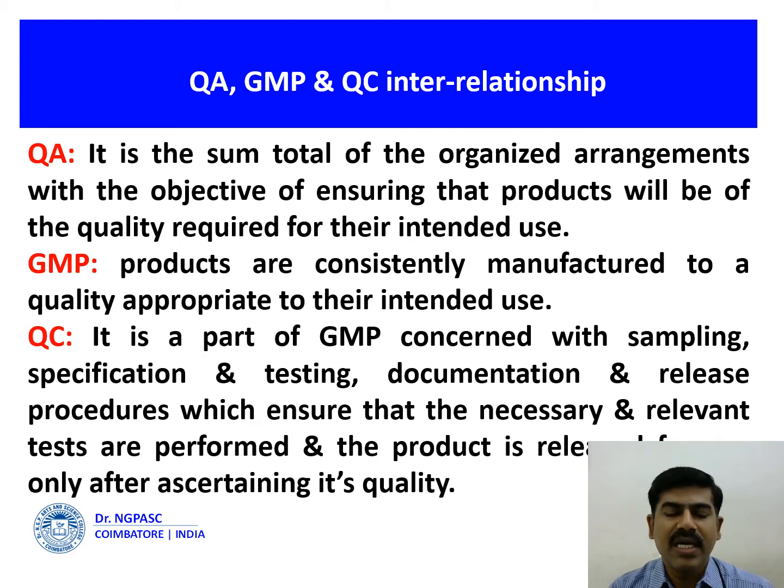GMP means the products are consistently manufactured to a quality appropriate to their intended use. Quality control is a part of GMP concerned with sampling, specification and testing, documentation and release procedures, which ensure that necessary and relevant tests are performed. The product is released only after ascertaining its quality.